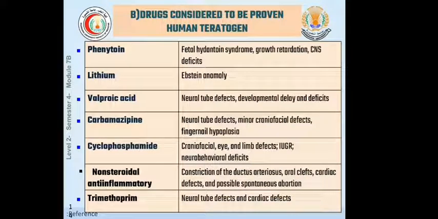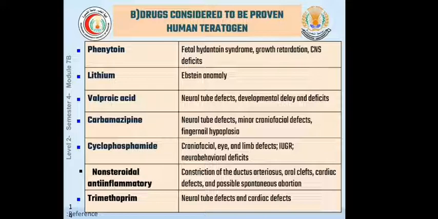Very few drugs are in fact proven teratogens, and exposure in the second and third trimester may still result in fetal harm. Usually, the fetal harm, as we will discuss later, occurs especially in the first trimester.